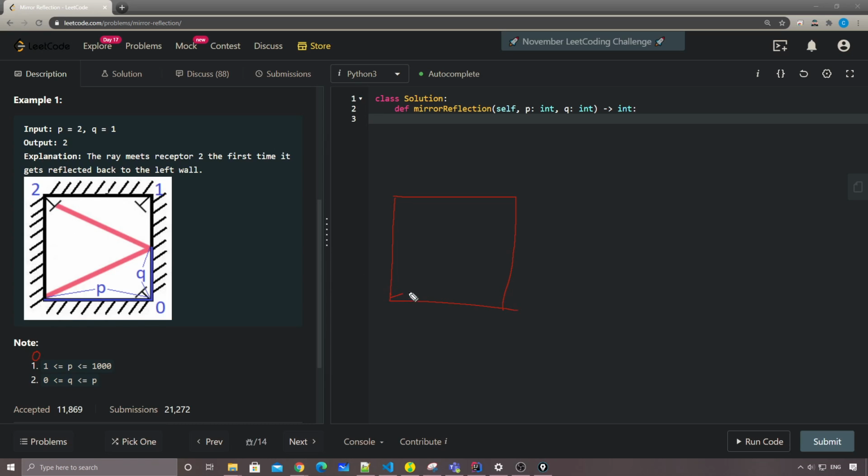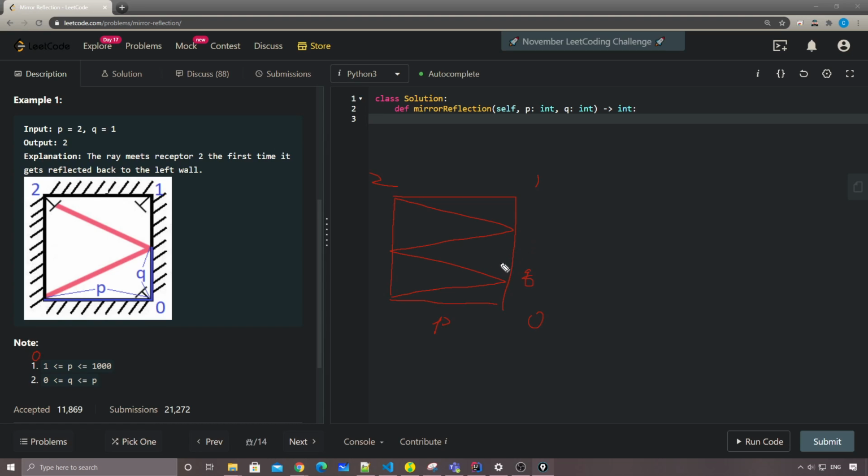This is receptor 2, 1 and 0, and this is P, this is Q. So this way we can reach receptor 2. Another way is like this, where we reflect it 4 times: 1, 2, 3, 4, and then we reach 2 here.